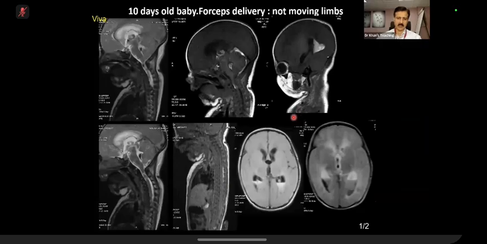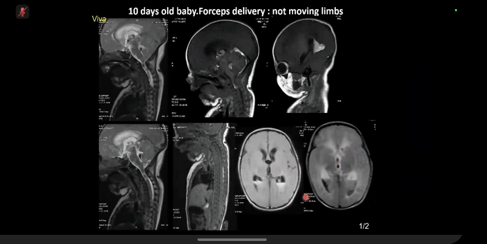Okay, this patient is a 10-day-old baby, forceps delivery, so a bit of birth trauma, and with that, the patient is not moving limbs. So T2, T1, T1, T2, T1, T1, T2. Over to you.